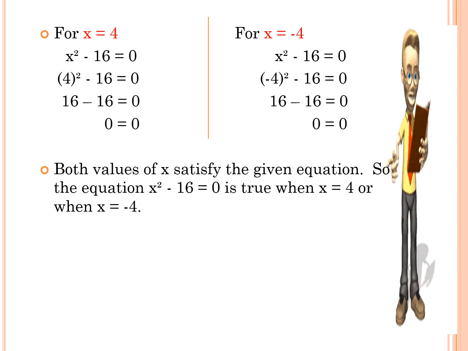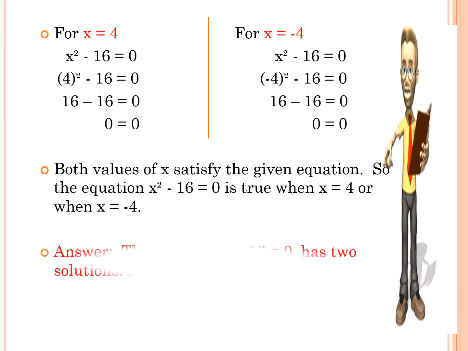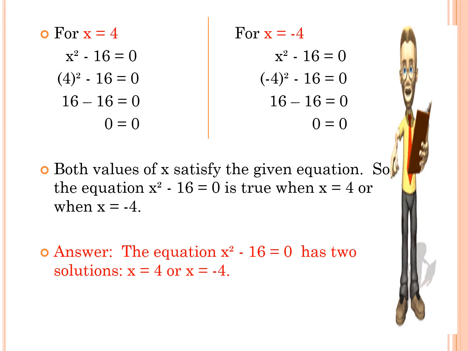Both values of x satisfy the given equation. So, the equation x squared minus 16 equals 0 is true when x equals 4 or when x is negative 4. Answer: the equation x squared minus 16 equals 0 has two solutions, and that is positive 4 or negative 4.